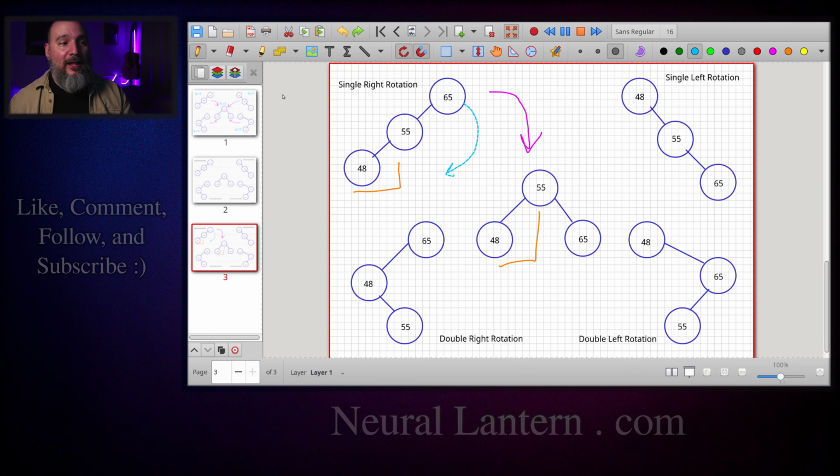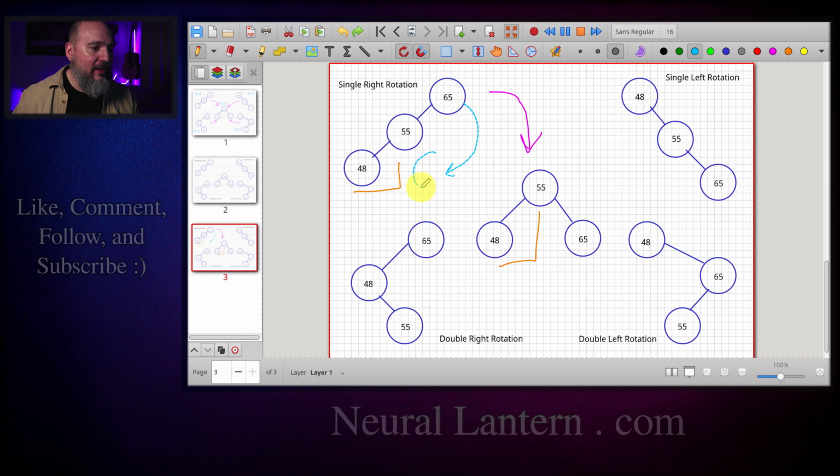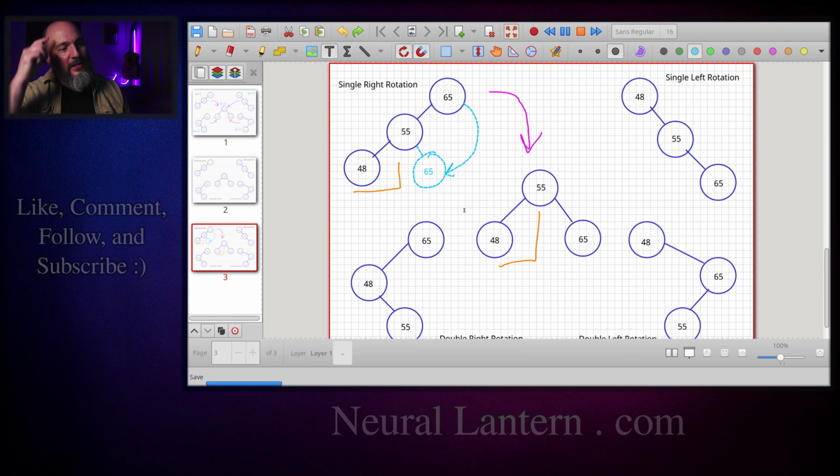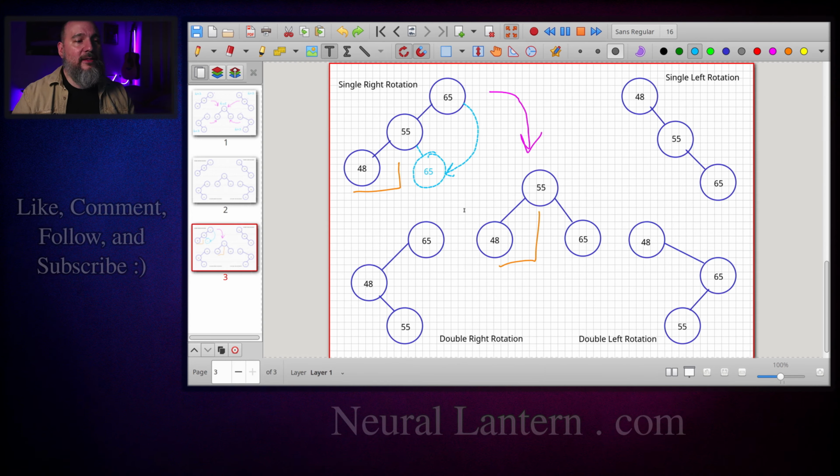We rotate that clockwise, and the physics people out there love to say that clockwise rotations are right rotations, at least as far as I remember. I'm not totally sure about that, but I'm just going to say it anyway. So notice how the 65 needs to be rotated to the right, or clockwise, and only one node actually needs to be rotated to produce that final output pattern. That's why we call this a single right rotation, because there's only one node to rotate.